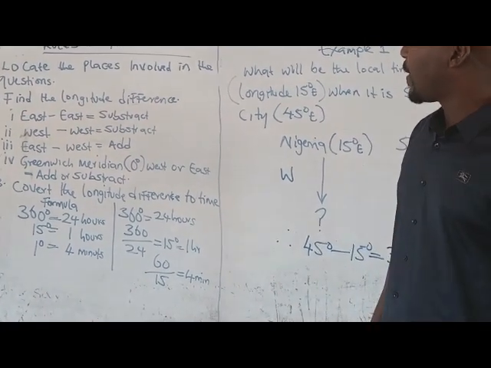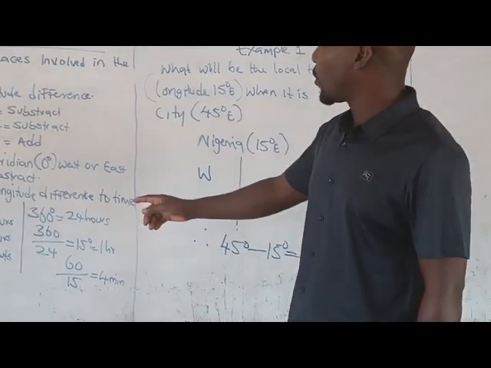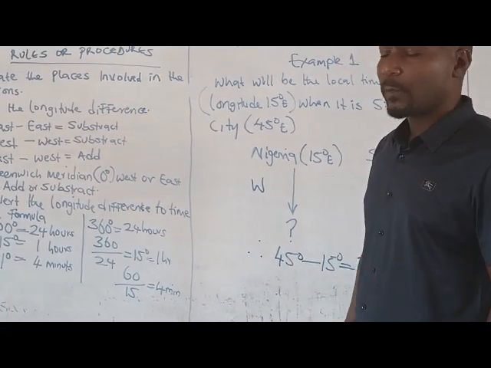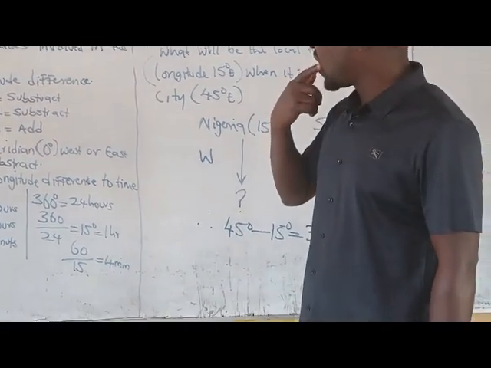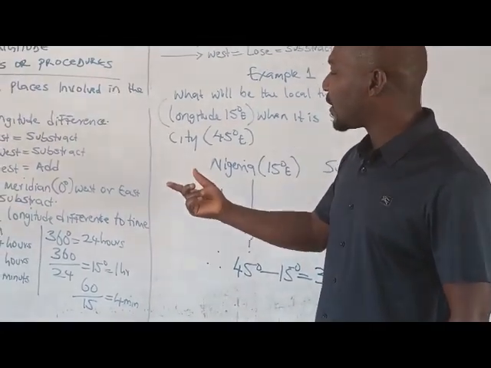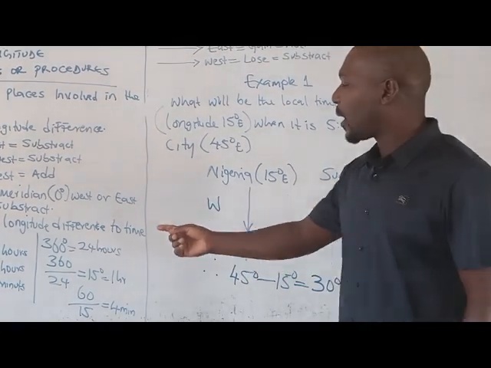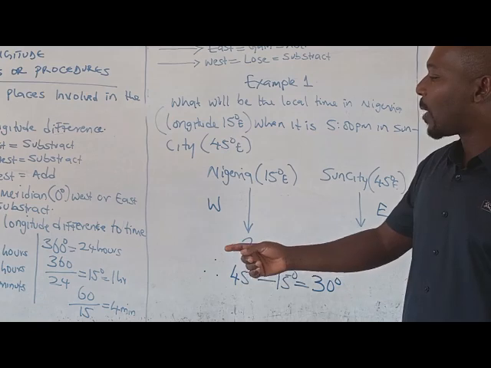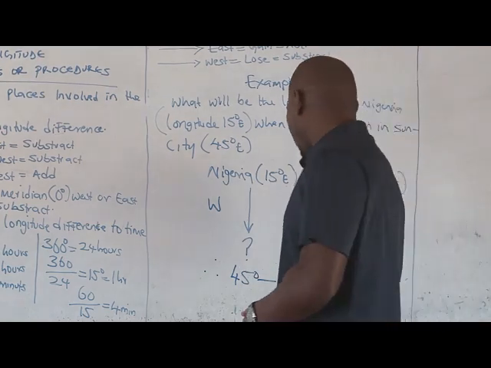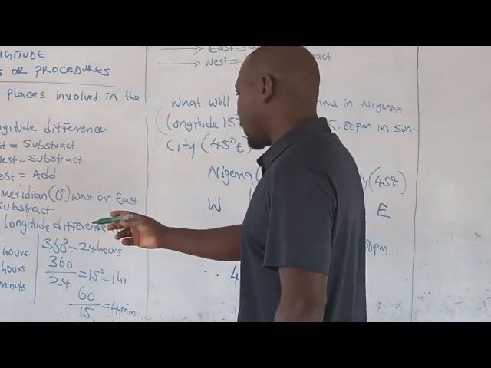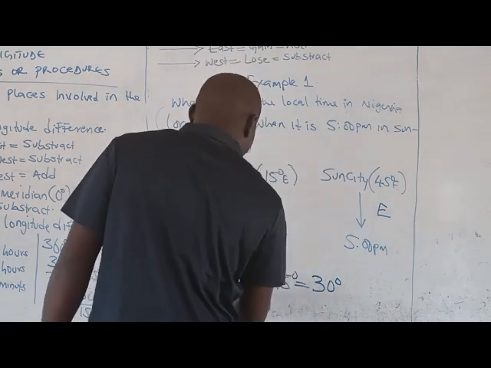Now we have to convert the longitude difference to time. According to our formula, for every 360 degrees we have 24 hours, for every 15 degrees we have 1 hour, and for every 1 degree we have 4 minutes.